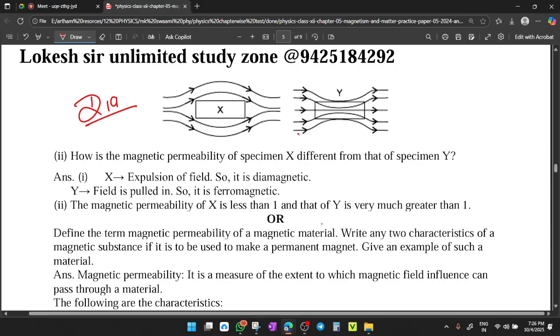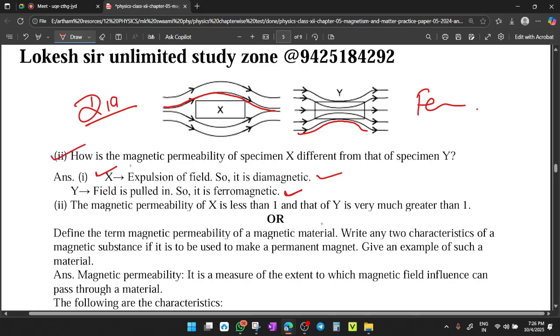All the lines are entering the material, so it should be ferromagnetic. For X, there is some expulsion of the field, so it is diamagnetic, and for Y the field is pulled into the material, so it is ferromagnetic.